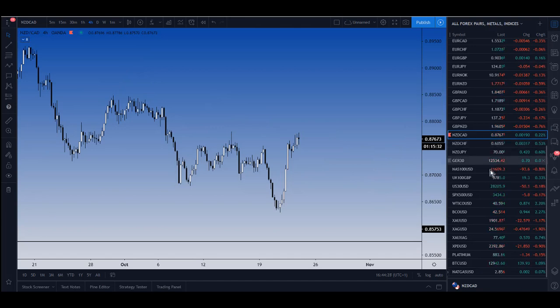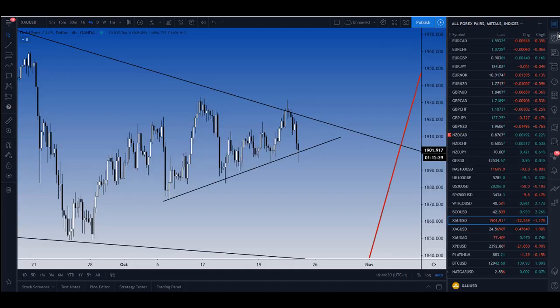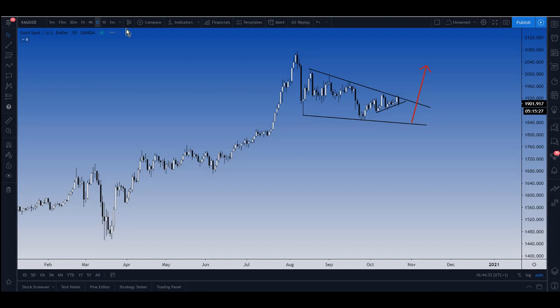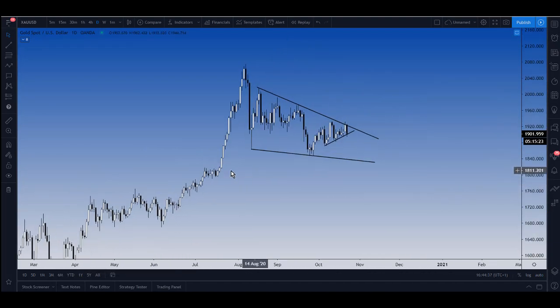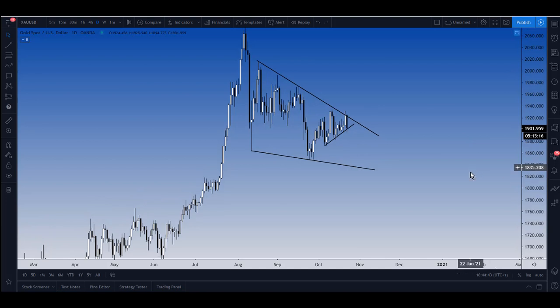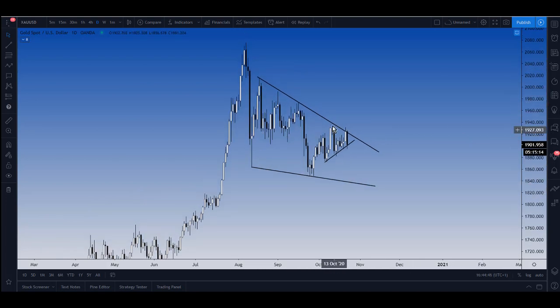One more chart I want to have a look at is gold. Gold had a massive move over the summer where it made an all-time high, the highest price it's ever come to. Right now, price is in this triangular corrective structure.